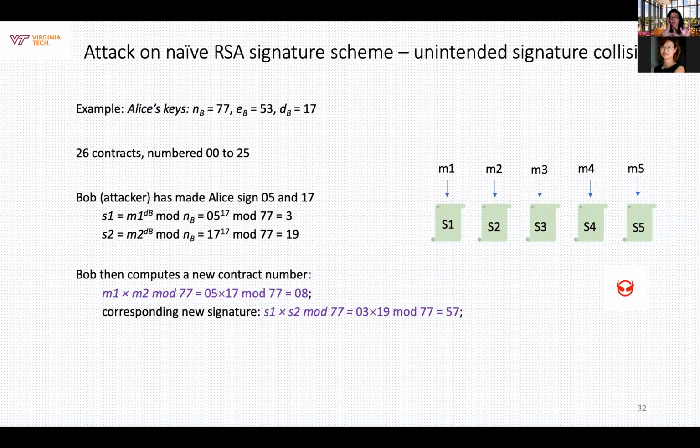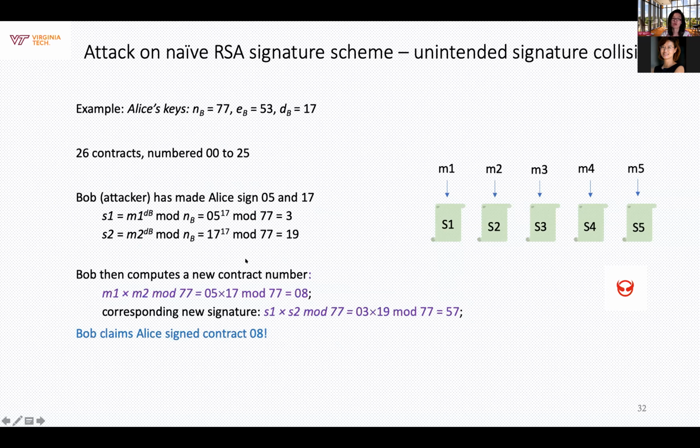Suppose that's a contract number, or whatever magic number, that Alice has to sign. If you multiply them modulo 77, you get back 8. That means you can multiply the signatures, as shown in the last line: S1 and S2, the signatures to those two contracts, actually produce a signature of contract 8, which Alice didn't sign to begin with.